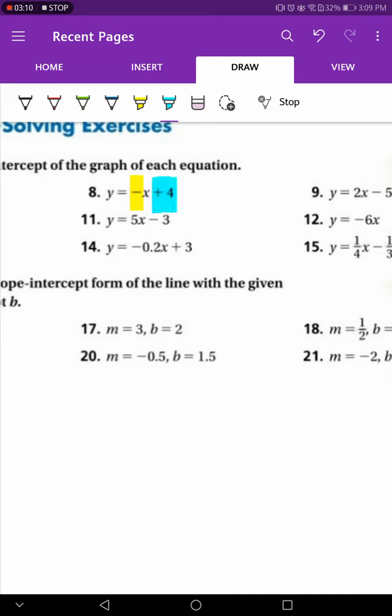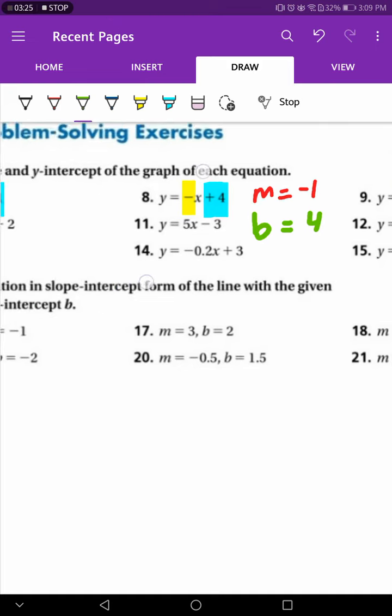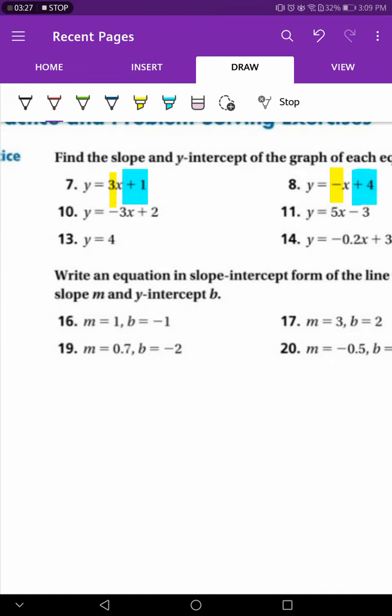And by the way, my dear student, you can write m equal negative 1 and b equal 4. And we do the same in number 7 also. M here equals 3 and b equals plus 1 or 1. Are you happy now?